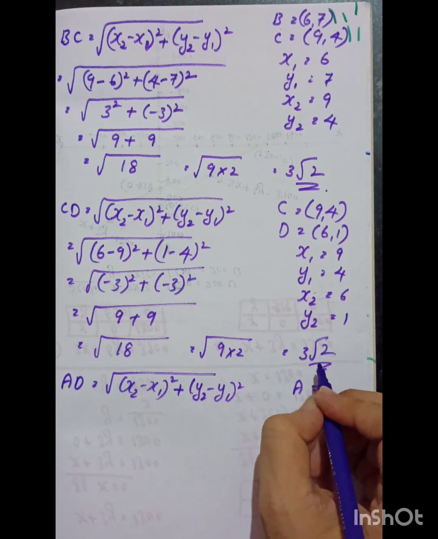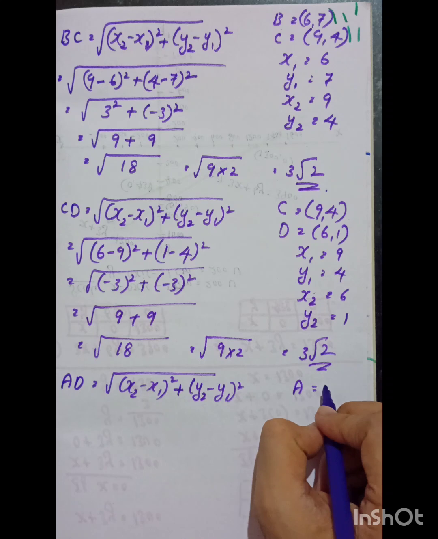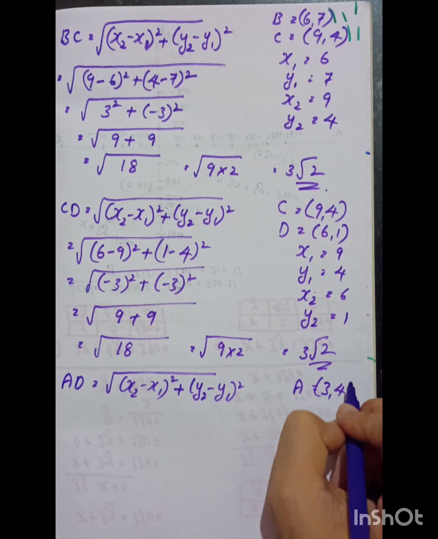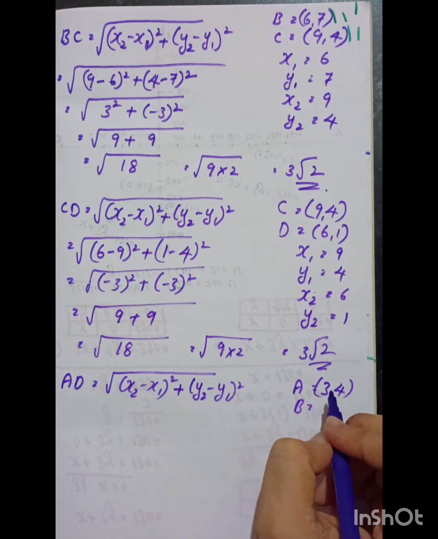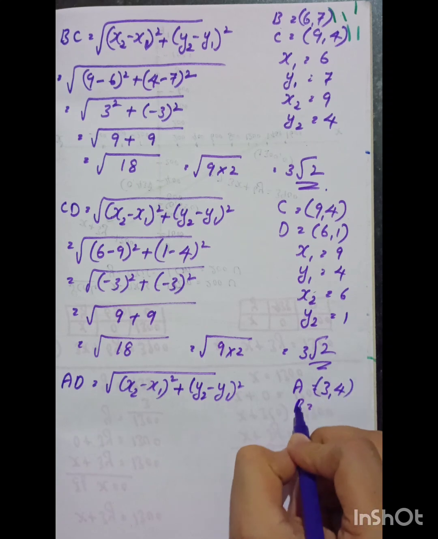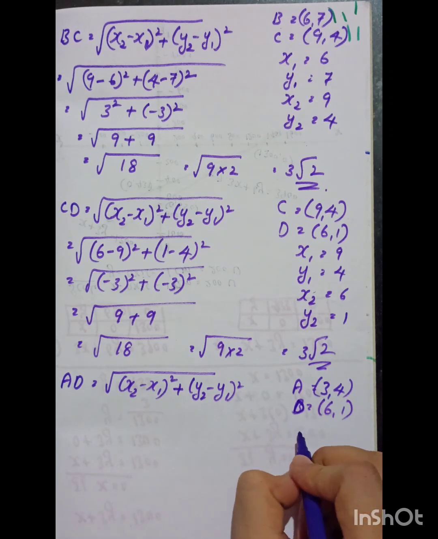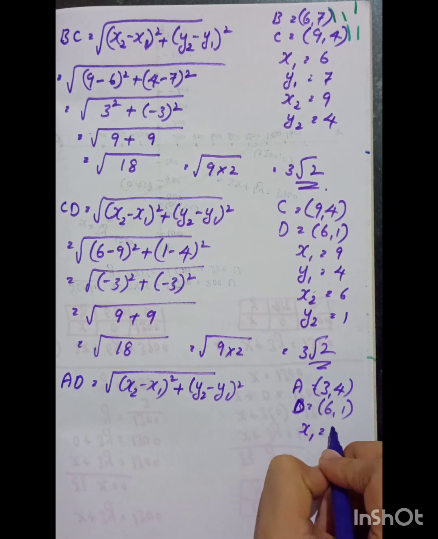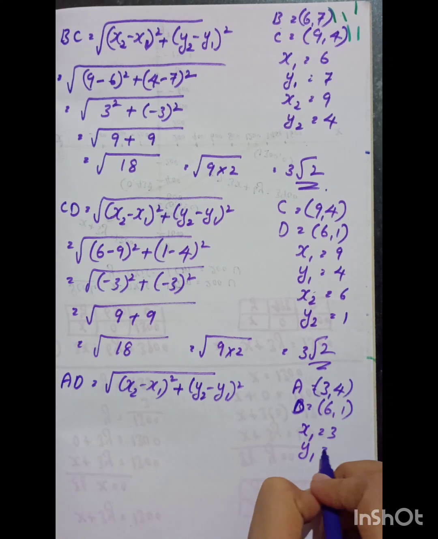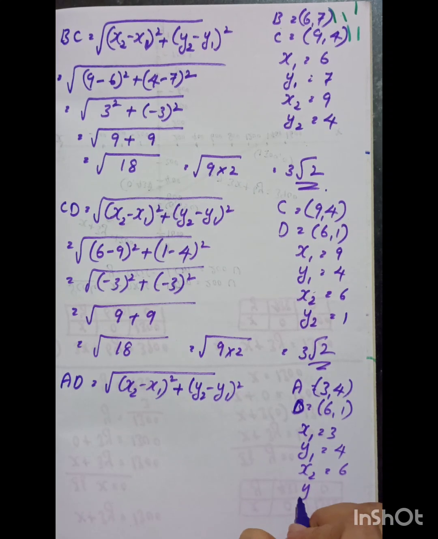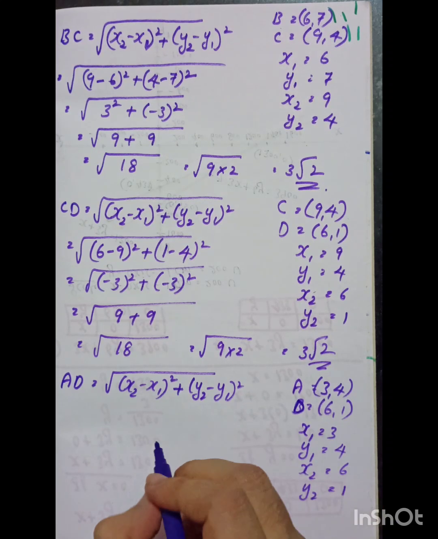What is A? 3, 4. And D? 6, 1. So x1 equals 3, y1 equals 4, x2 equals 6, y2 equals 1.